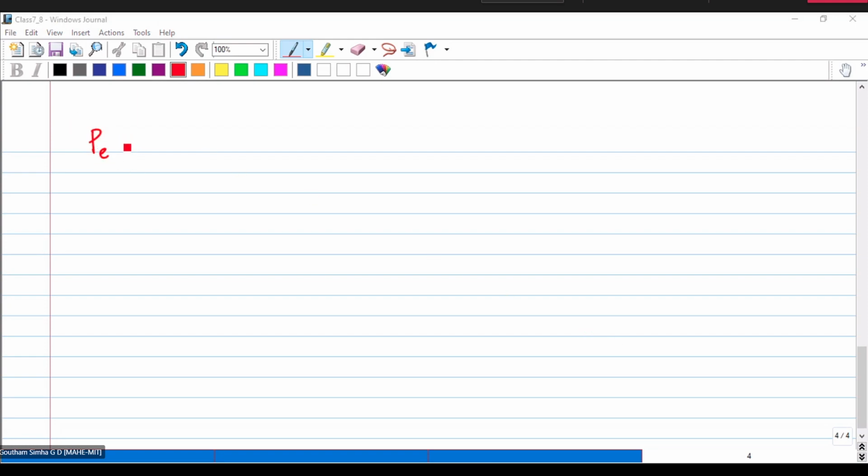Okay, probability of error is equal to alpha M into Q function of square root of beta M into gamma, where this is capital M.